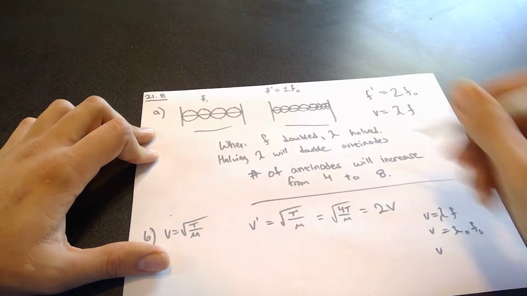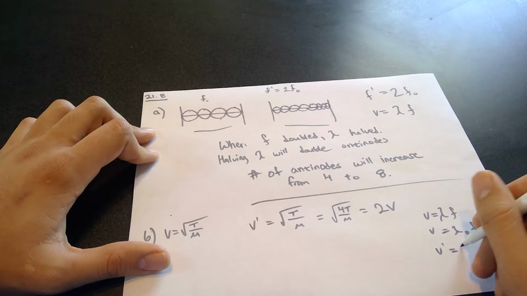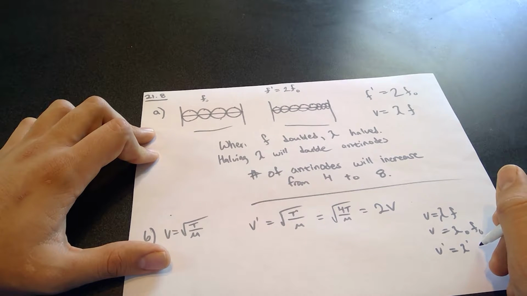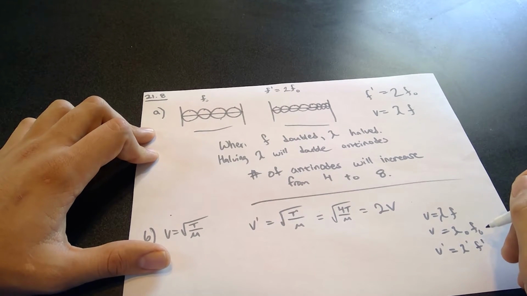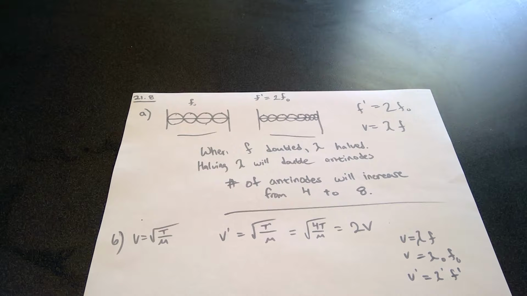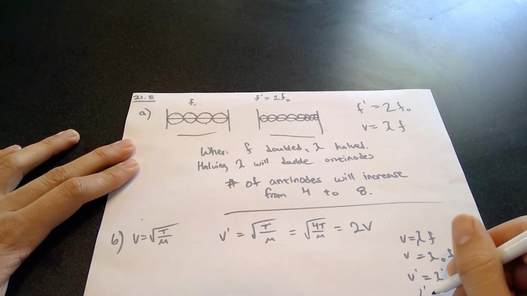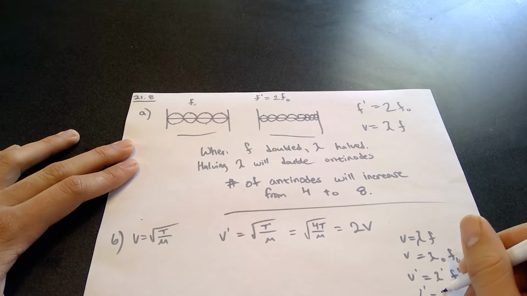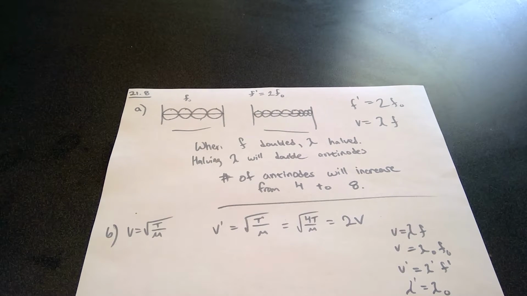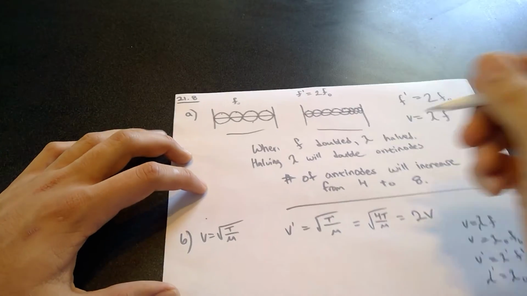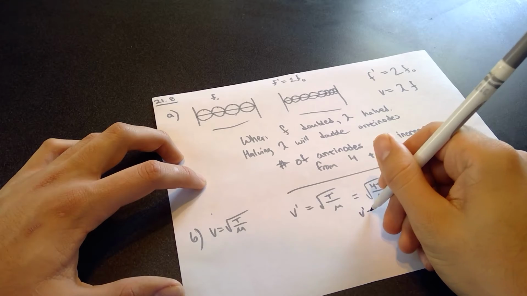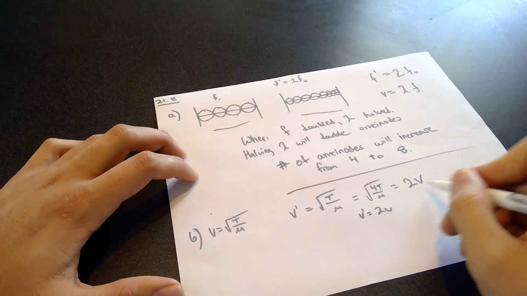And our end equation, v1, is going to equal your wavelength times your frequency again. But our wavelength is going to be the same; we're only increasing the tension. So we can say lambda 1 is equal to lambda sub 0. And we can also say that our v1 is equal to 2v, as proved above.